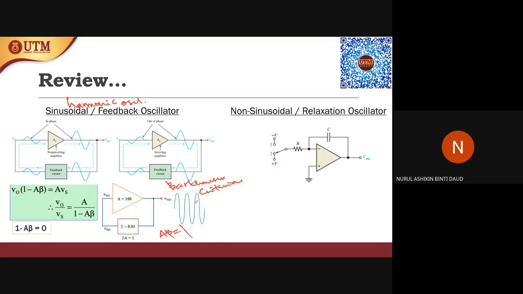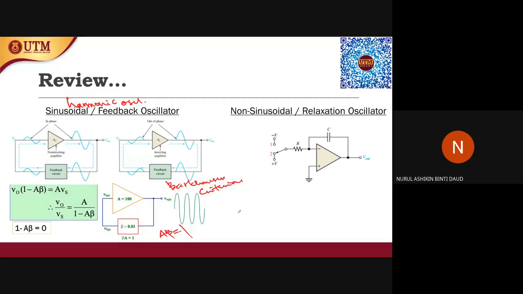A is the gain at the op-amp part, and beta is the gain at the feedback. So A times beta should be equal to 1.